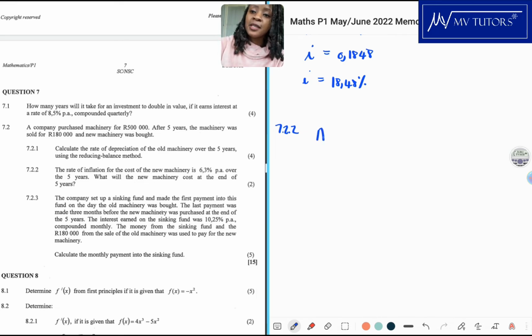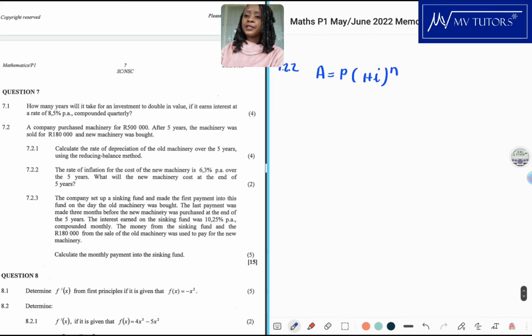Okay, still using the same formula. But this time obviously we're gonna use the interest rate, that is inflation. So we're gonna use that 500,000 and say 1 plus 6.3% per annum, and then it's 5 years.